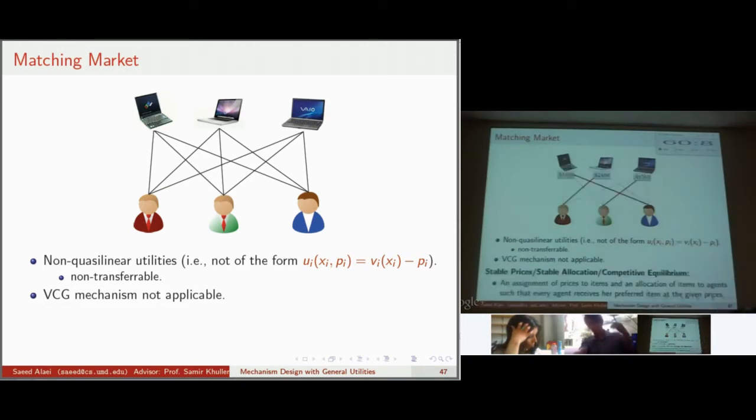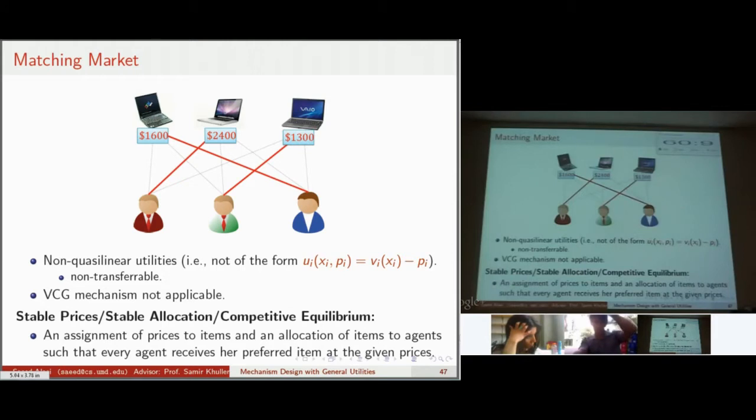So here, instead, we consider a competitive equilibrium, which is defined as follows. It consists of stable prices and a stable allocation, which is an assignment of prices to items, like for example this assignment, along with an allocation, such that every agent receives her preferred item at the given prices. Nobody wants to get something else at those prices.